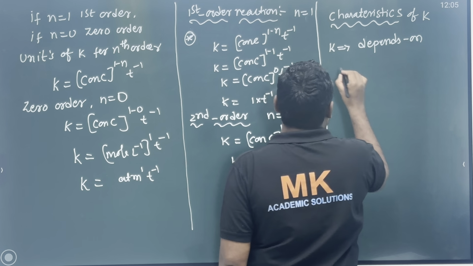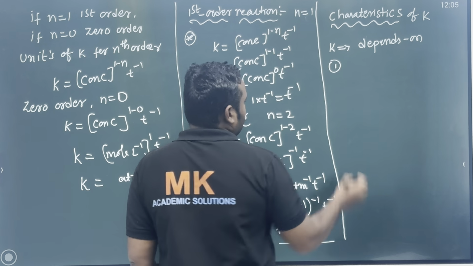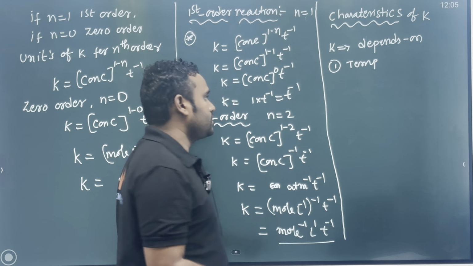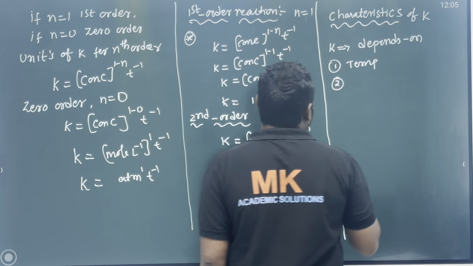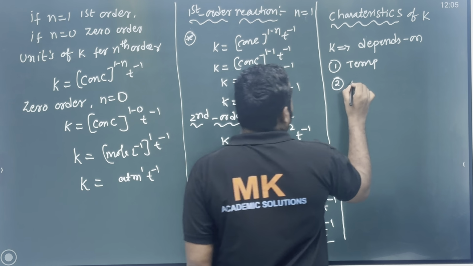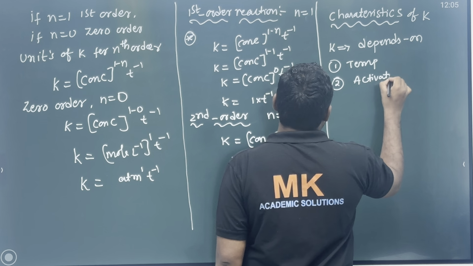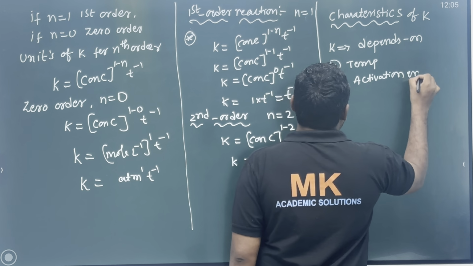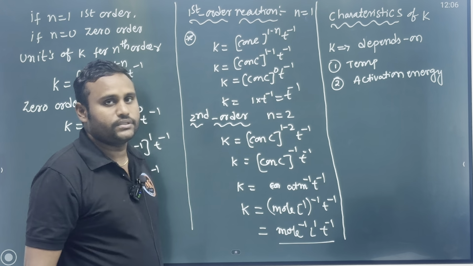Simply, the first one, it depends on temperature. For the same reaction, when temperature changes, the rate constant also changes. Second, activation energy: when it changes, the rate constant also changes.